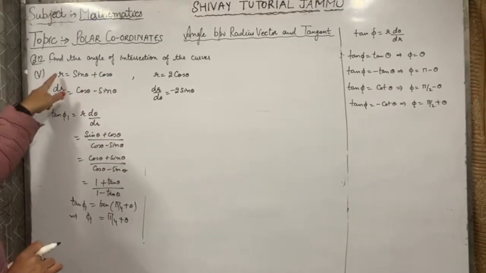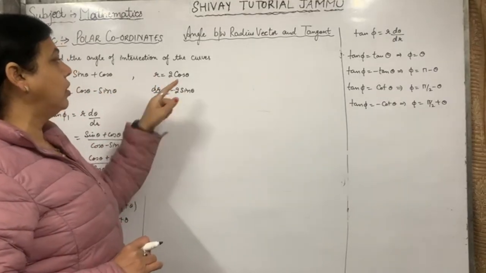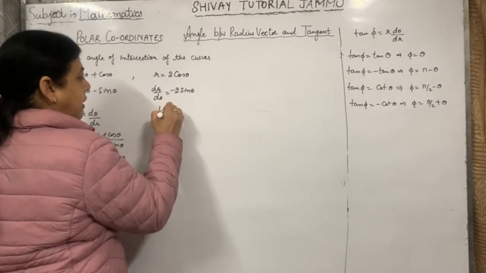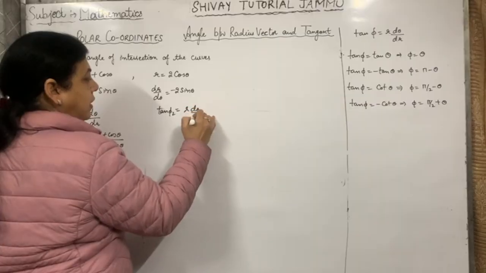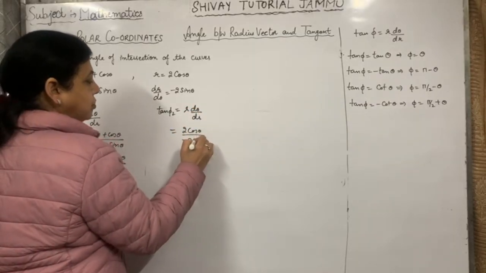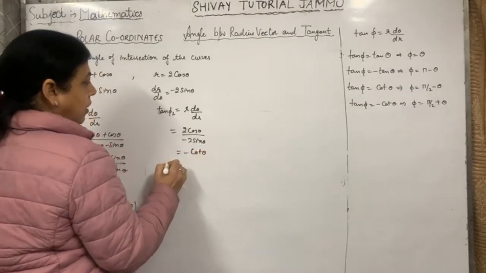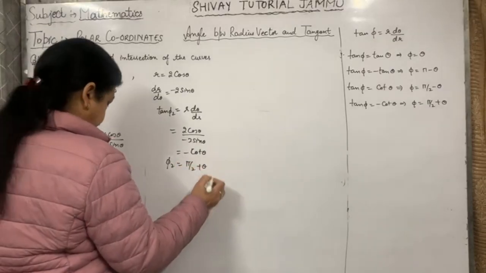Fifth part same. r is sin theta plus cos theta and second curve is r is equal to 2 cos theta. dr by d theta, we will find tan phi 2. That is r d theta by dr, 2 cos theta upon minus 2 sin theta. This is minus cot theta. Then phi 2 will be pi/2 + theta.